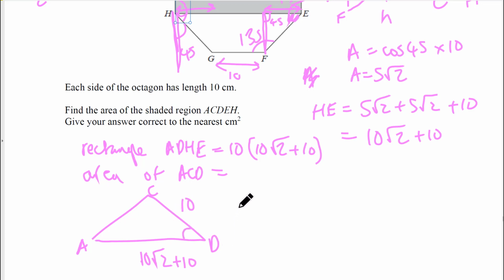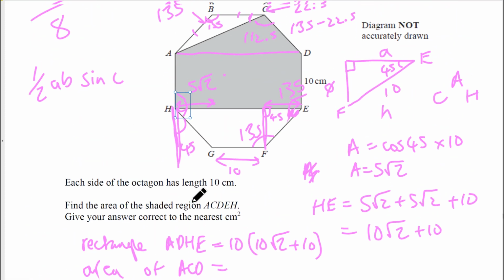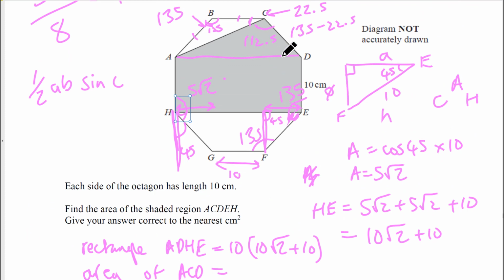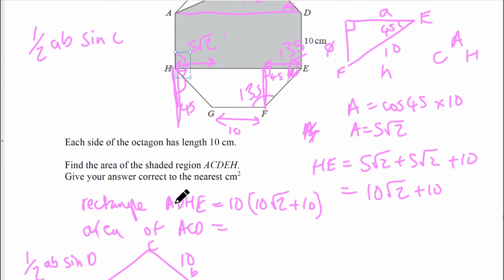So imagine I'm just changing this to a half. If I'm letting that be A, that's little b, that is the sine D, so I could just call it half AB sine D in this case, and we know that that is 45, because that's 135.